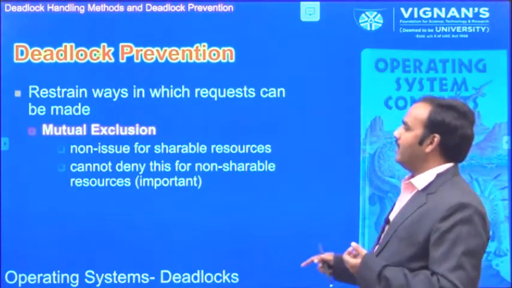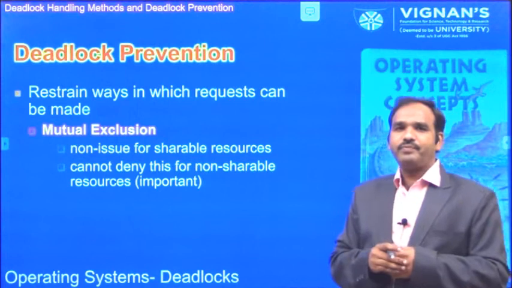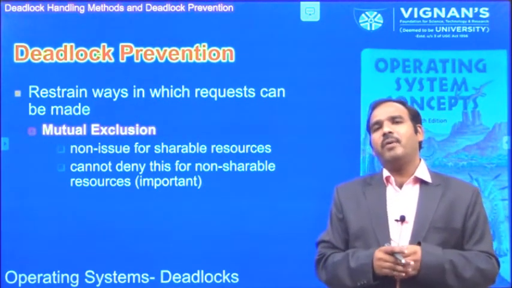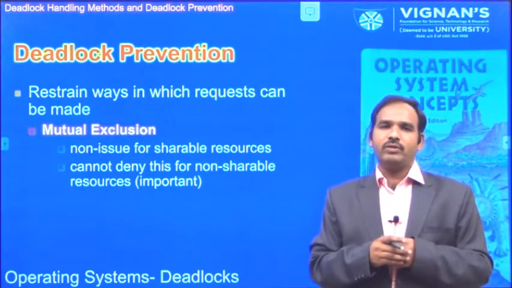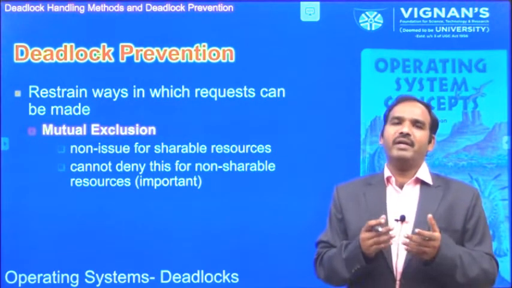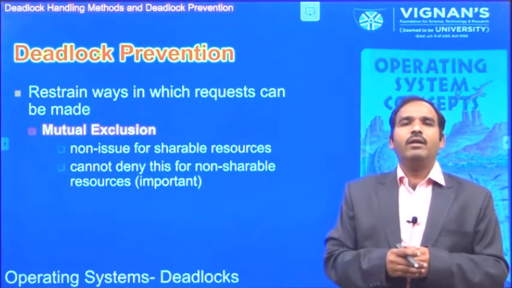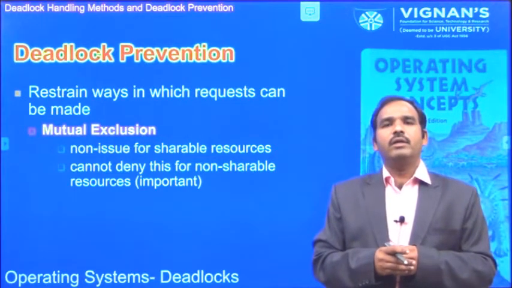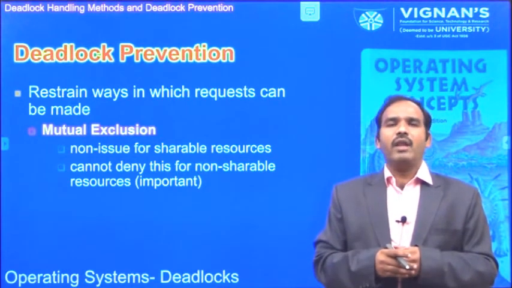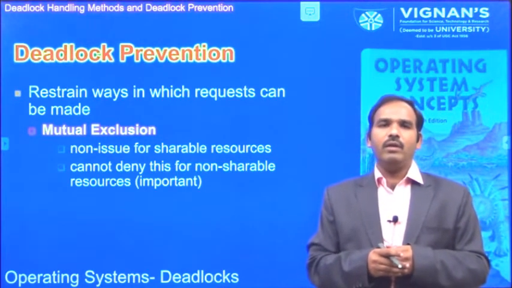So the first one is mutual exclusion. You know, it is impossible to disable mutual exclusion. Why? Because non-shareable resources like a printer are not at all shareable. Printer is always a non-shareable resource.